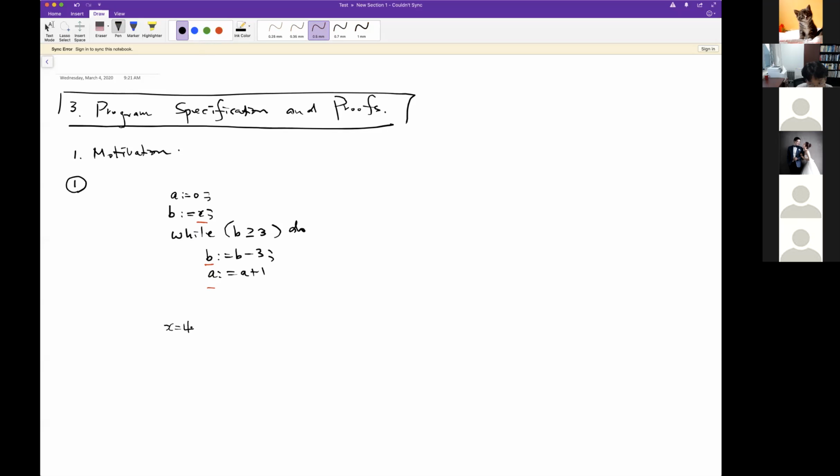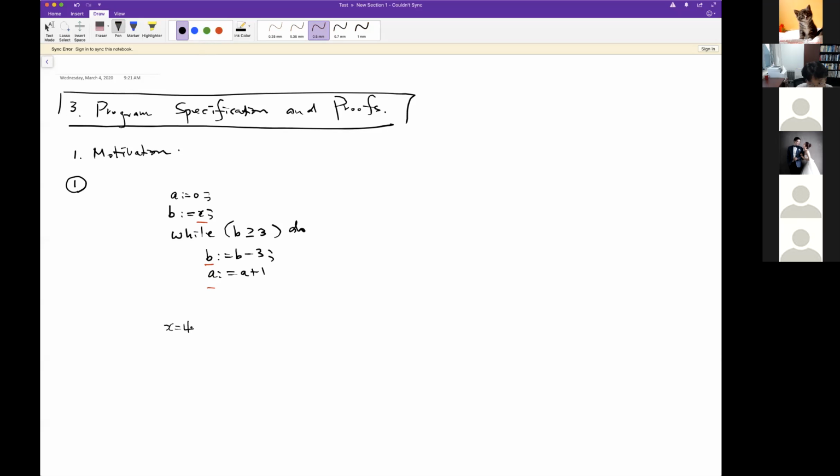In Korean, mok is 1. And the remainder, in Korean called namoji, happens to be 1 as well. And if you do the same thing for 5, the quotient is going to be 1, the remainder is going to be 2. So what this program does is that it computes this integer division and stores the quotient in the variable A and stores the remainder in the variable B. Okay, so that's what this program is doing.